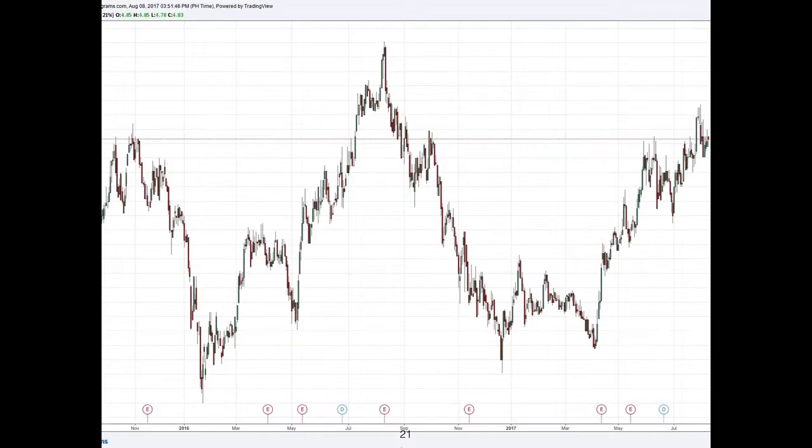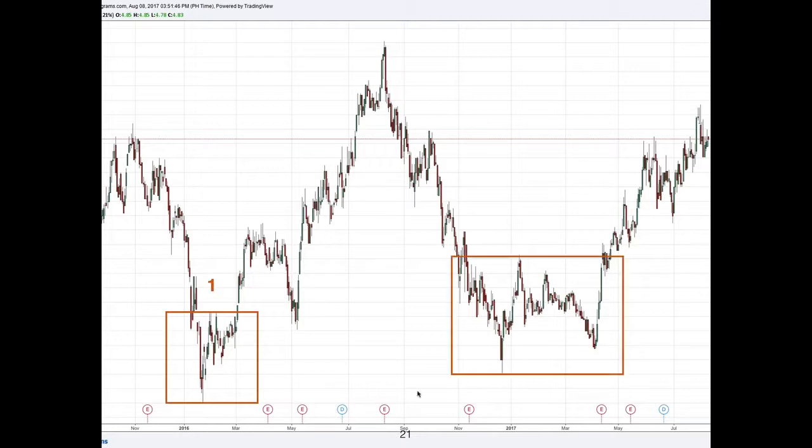Here's an example of a chart with Darvas boxes at two areas at the bottom of its chart. Here's the first and here's the second. Now both have been consolidating above the midline before they broke out.